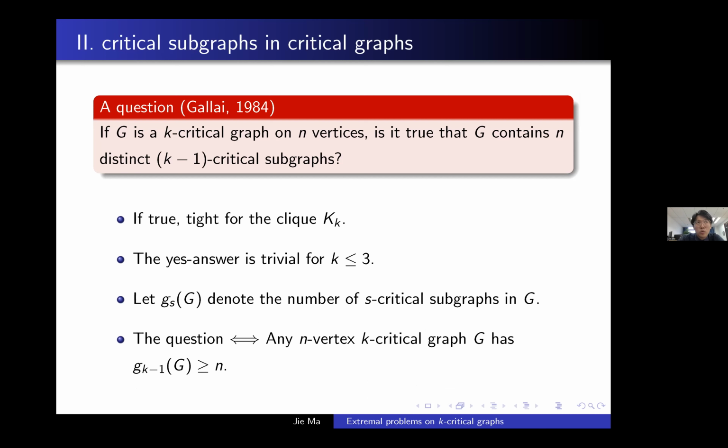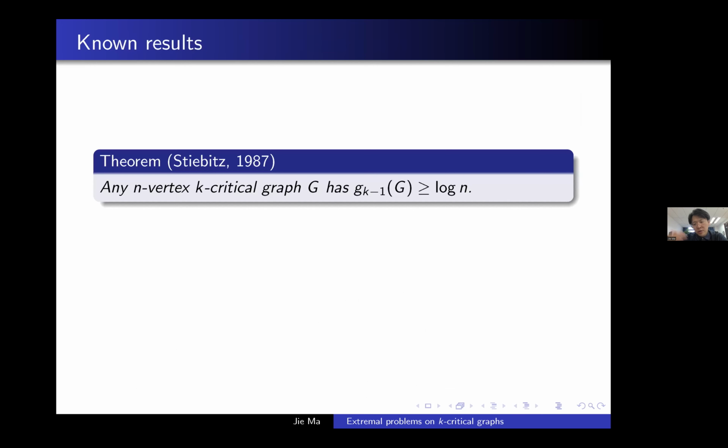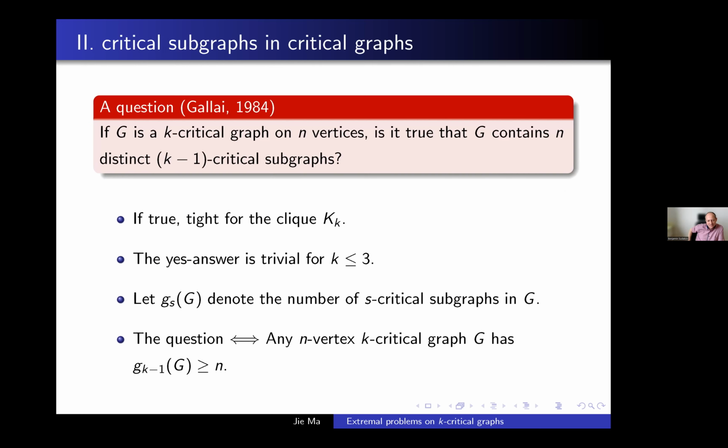It should be n to the K minus 2. Interesting, because this thing is tricky. In principle, you can find many critical graphs just by deleting vertices, but the problem is how to tell that those are distinct from each other. I understand. Very interesting.